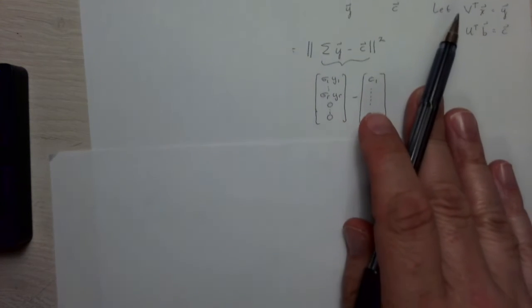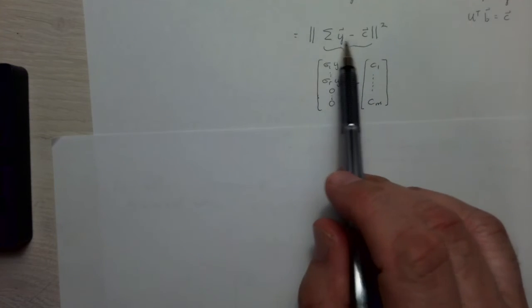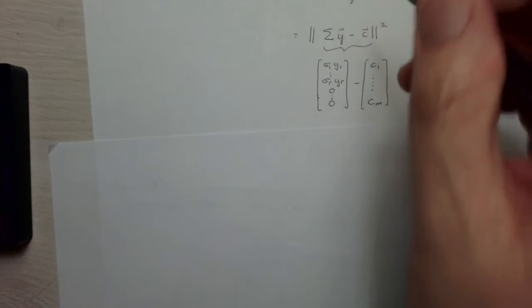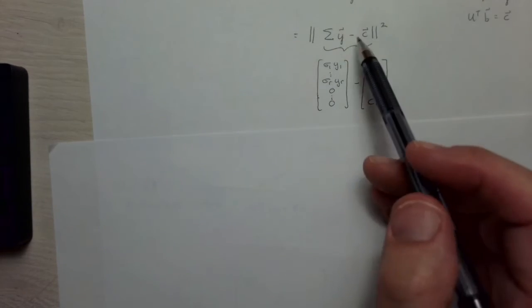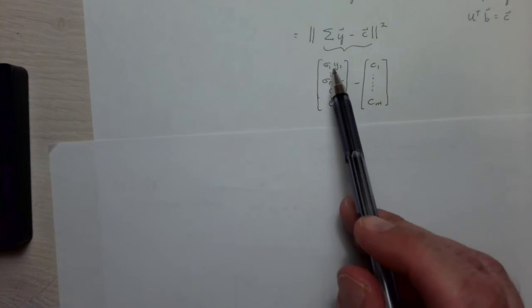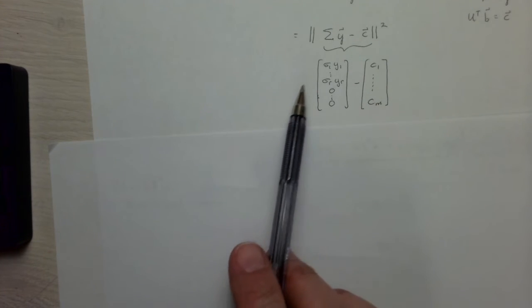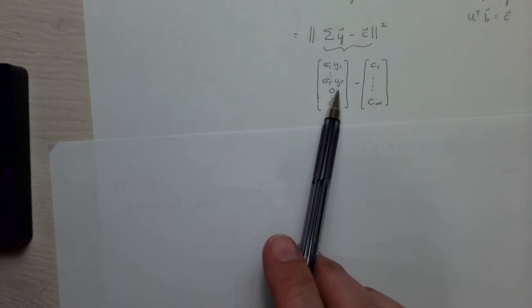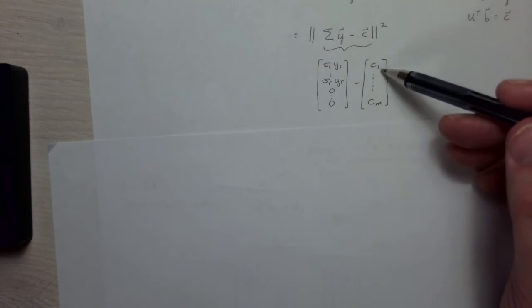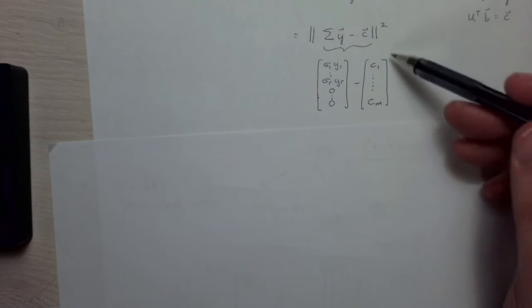Okay, so now if we examine this difference of these two vectors a little closely, because sigma has so many non-zero entries, sigma Y really just consists of these: the first R entries are sigma 1 Y1 up to sigma R YR, and then everything else is 0. And the entries of C, I just labeled them C1 through Cm.